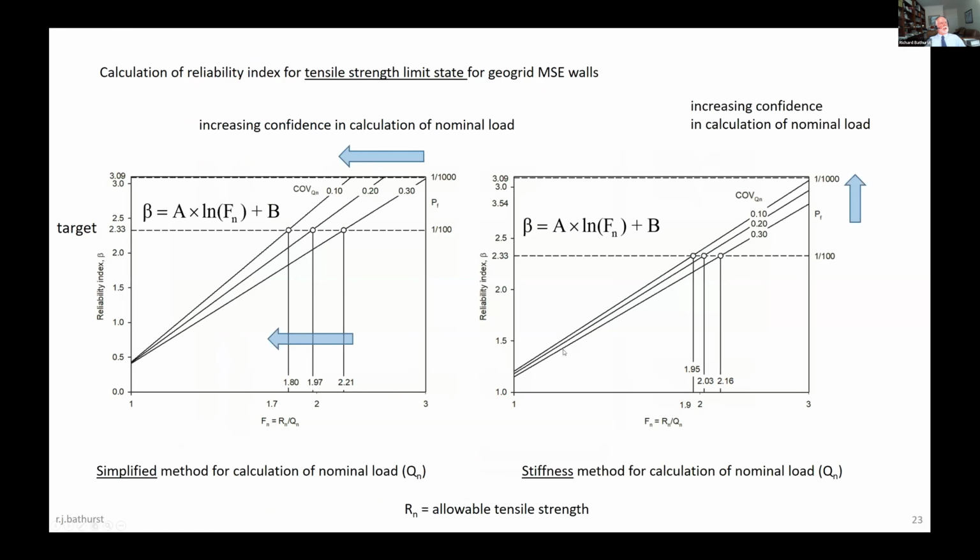Remembering again that there's a linear relationship between beta and the nominal factor of safety, an engineer can pick a load model and a limit state.